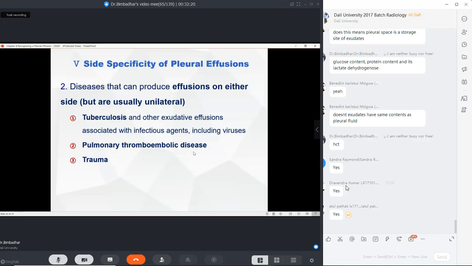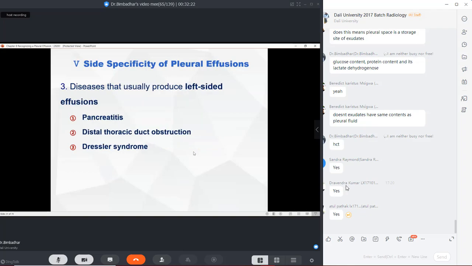Diseases that produce left-sided pleural effusion. Remember, pancreatitis, distal thoracic duct obstruction. The distal thoracic duct is the biggest and largest lymphatic drainage channel. And then there is a condition called Dressler syndrome.